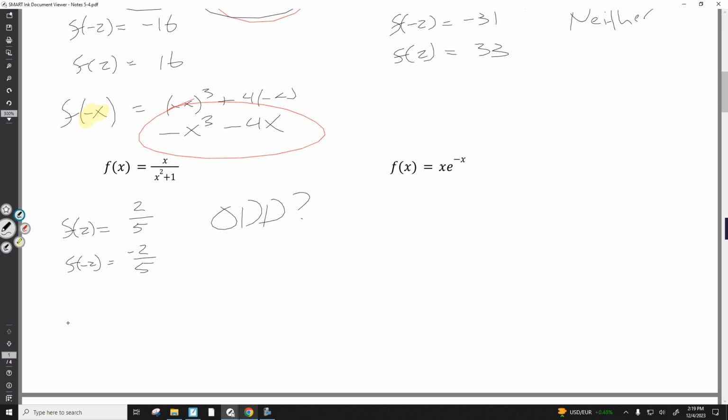But I got to double check for all opposite x's. When I plug in -x and square it, it's +x squared. When I plug in -x for x, it's -x. This is the exact same as the opposite of f of x. This confirms -x's, -y's, opposite of y's. It's definitely odd.